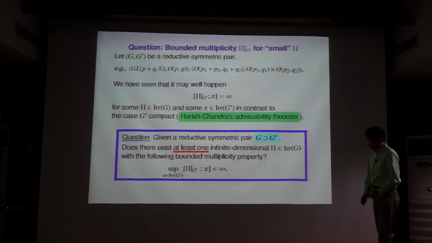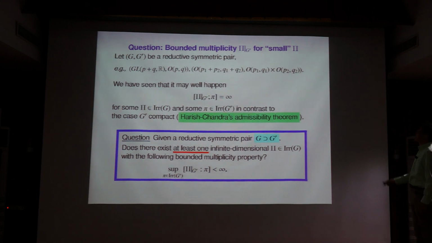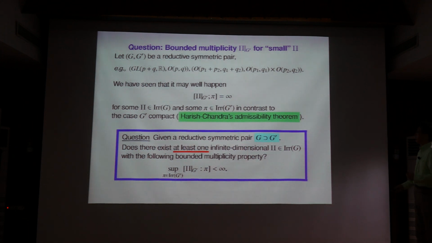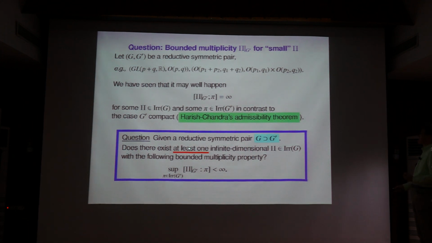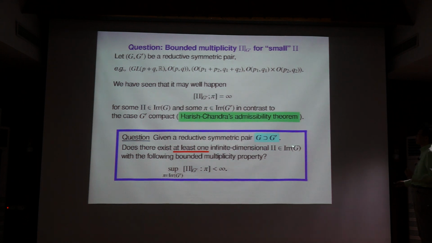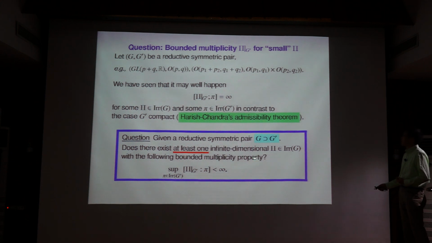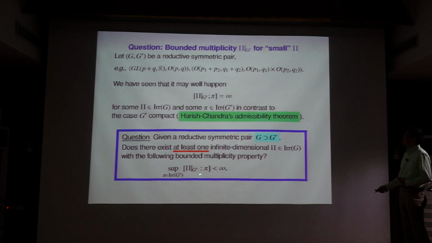So we may ask, even for such cases, if we take some specific representation pi, whether multiplicity is finite or not. Or more precisely, we ask the following question: does there exist at least one infinite-dimensional representation pi of the larger group Z such that the following bounded multiplicity property holds, where pi runs over all representations of the smaller group?